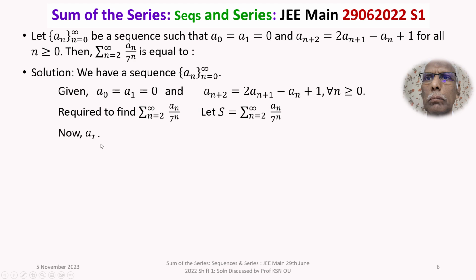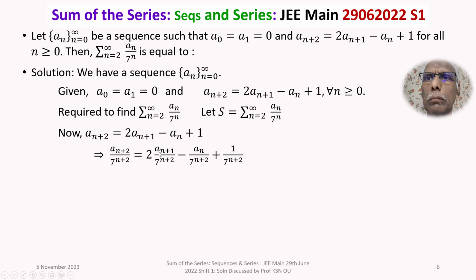Now we are given the recurrence relation a_(n+2) is equal to 2 times a_(n+1) minus a_n plus 1. Multiply throughout by 1 by 7 to the power of n plus 2, so we multiply each term by 1 by 7 to the power of n plus 2. Now a_(n+2) by 7 to the power of n plus 2 we keep as it is, equal to 2 into a_(n+1) by 7 to the power of n plus 2.